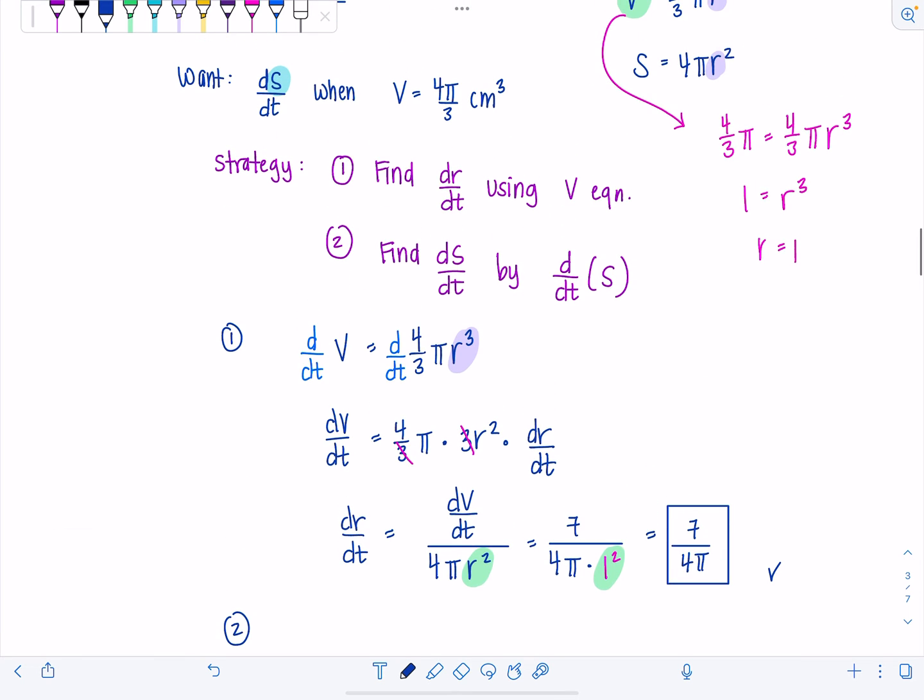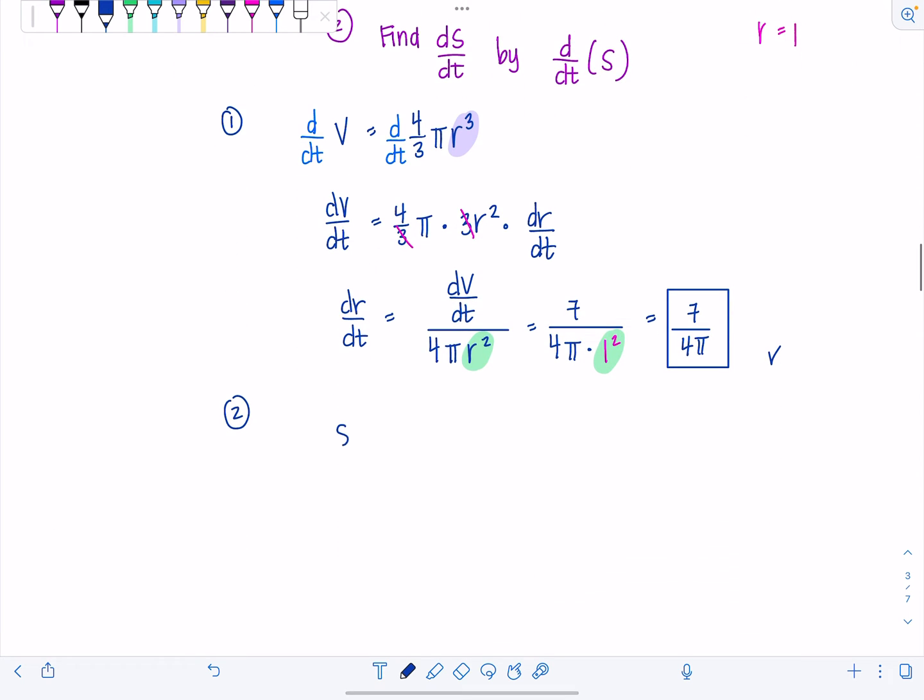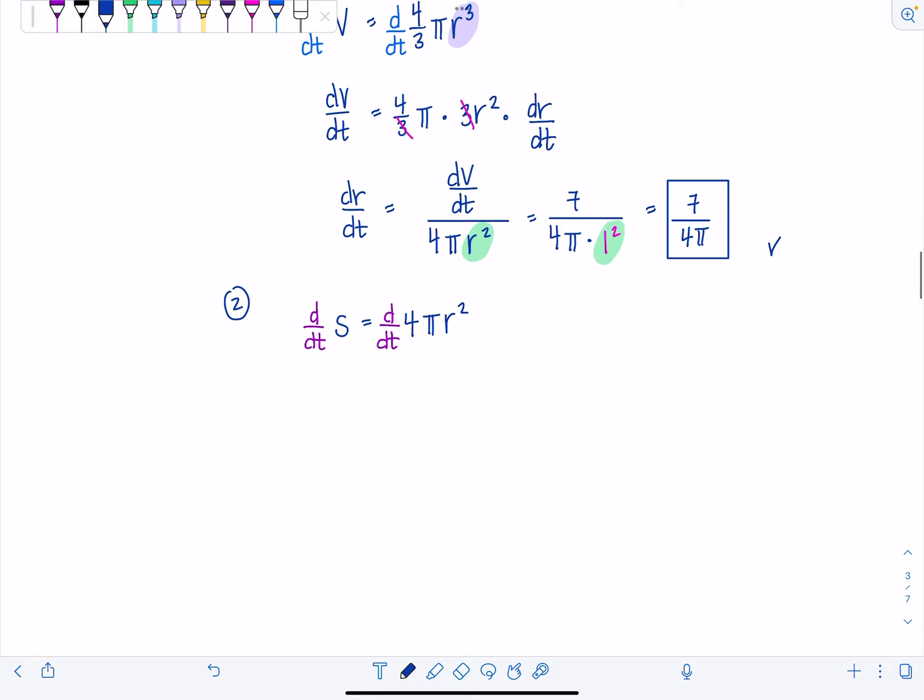So surface area is equal to 4 pi r squared. Now I'm going to differentiate both sides with respect to time. So derivative with respect to time, both sides, always with respect to time. Don't invent some weird new way to do related rates. It won't be right. Okay, left-hand side, we're going to have dS/dt. 4 pi just stays. It's just a constant.